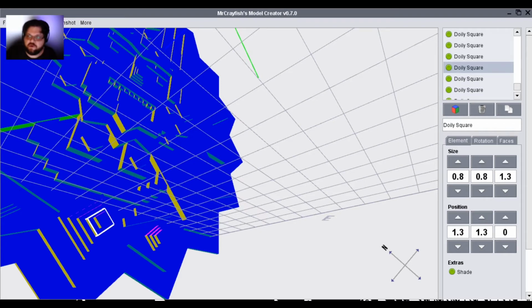As for distances, 1.2, so this will be 1.0. That's wrong. 0.2. So that would indeed be 0.8 as it was. And this will be 0.4.